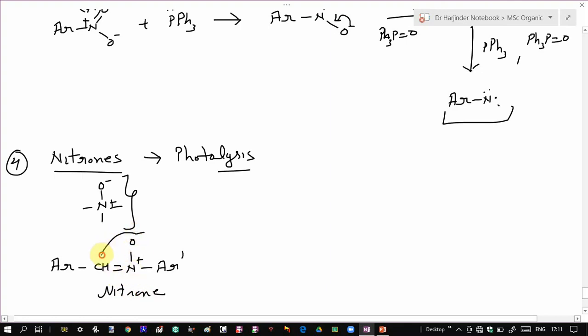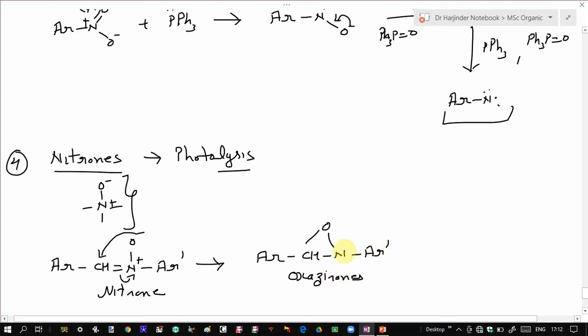So this negative charge attacks this carbon, and these pi electrons shift to this nitrogen to give rise to a cyclic three-membered compound in which you have this kind of system, and this is called oxaziridine.